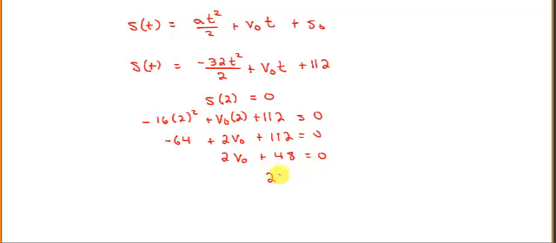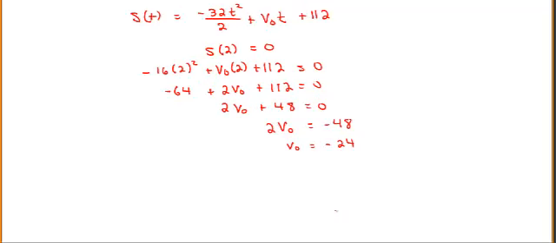So then 2v0 is equal to negative 48, and v0 is equal to negative 24. So basically the rock was given an initial velocity of negative 24 feet per second, meaning that it was thrown downward with that initial velocity.